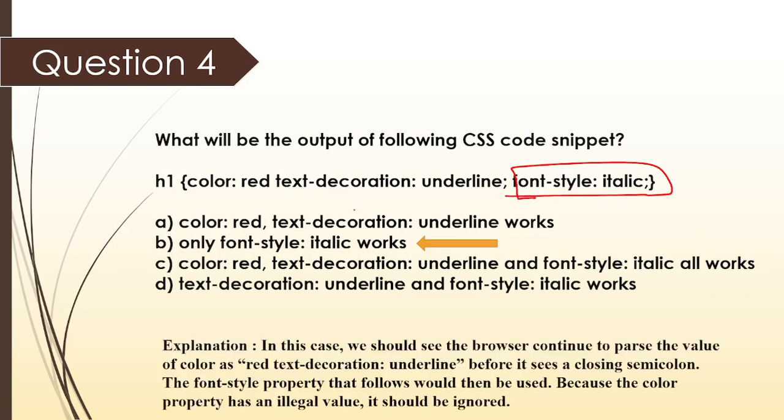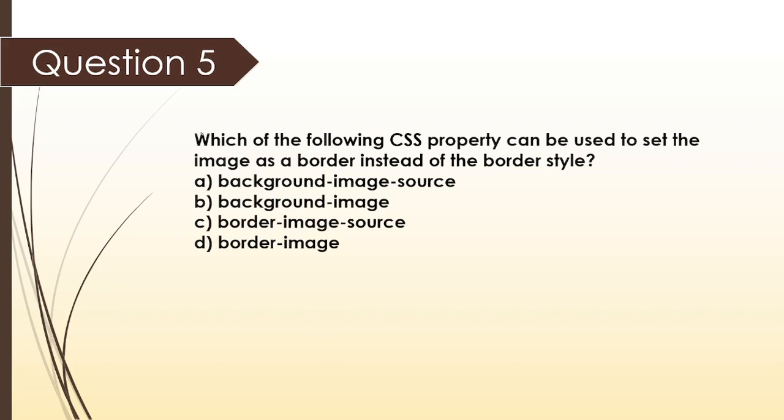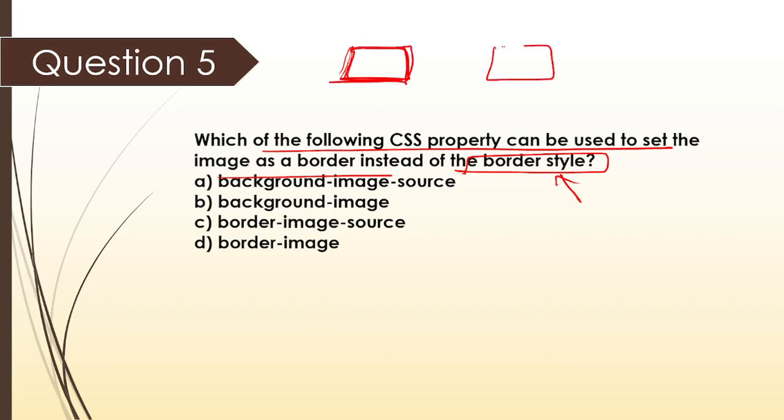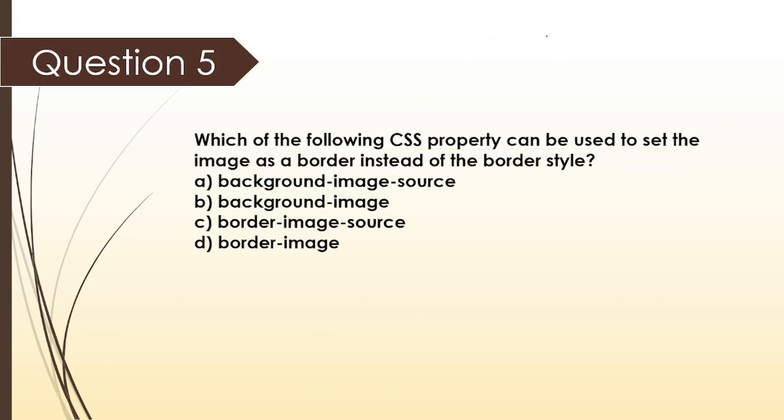Next question is, which of the following CSS properties can be used to set an image as a border instead of border style? So instead of border style, let's say this is one image. I don't want any particular border style over here. In this particular image, I just want an image as the border. So what can you use?